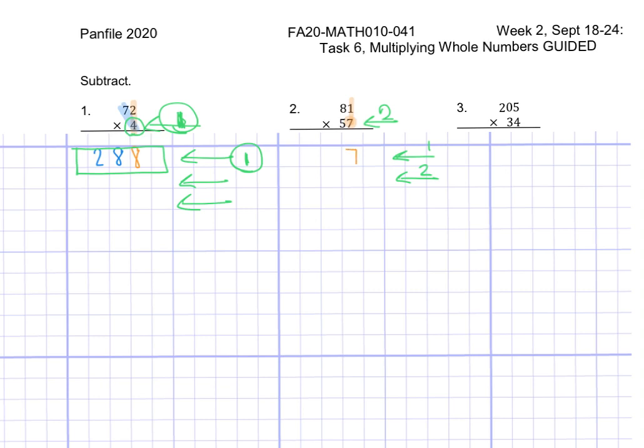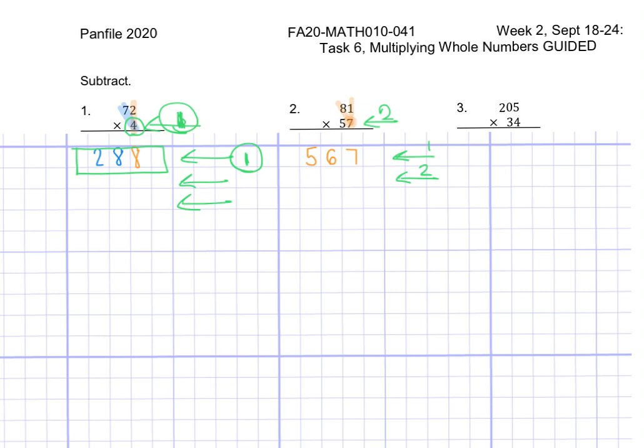Then we go back and do 7 times 8, and 7 times 8 is 56. Because we're essentially out of numbers on the top, we write 56 on the line there.